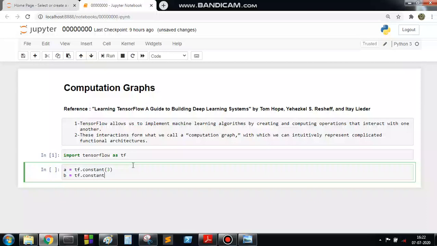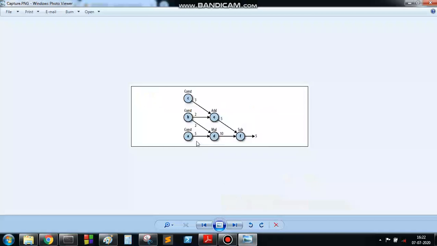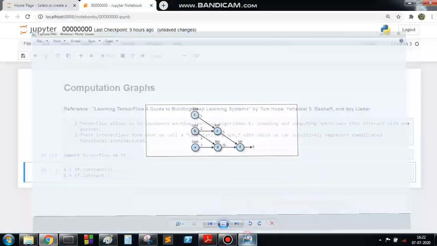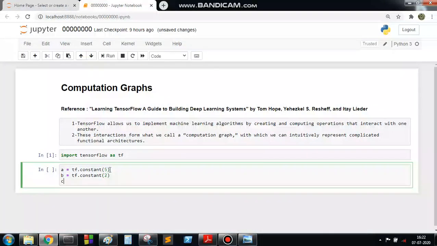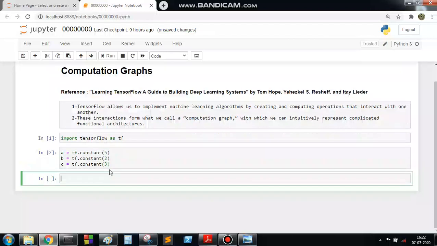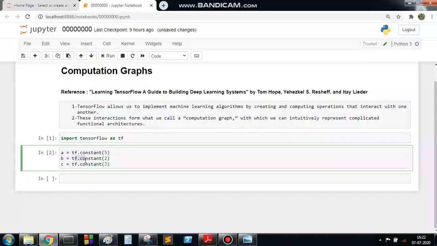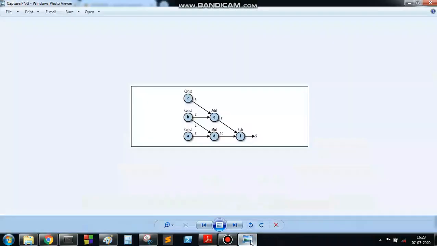Sorry, A is 5, B is 2, then C is 3. Now I am creating three constants here. These three are particular nodes of this graph. Now I come to the operations E and D.